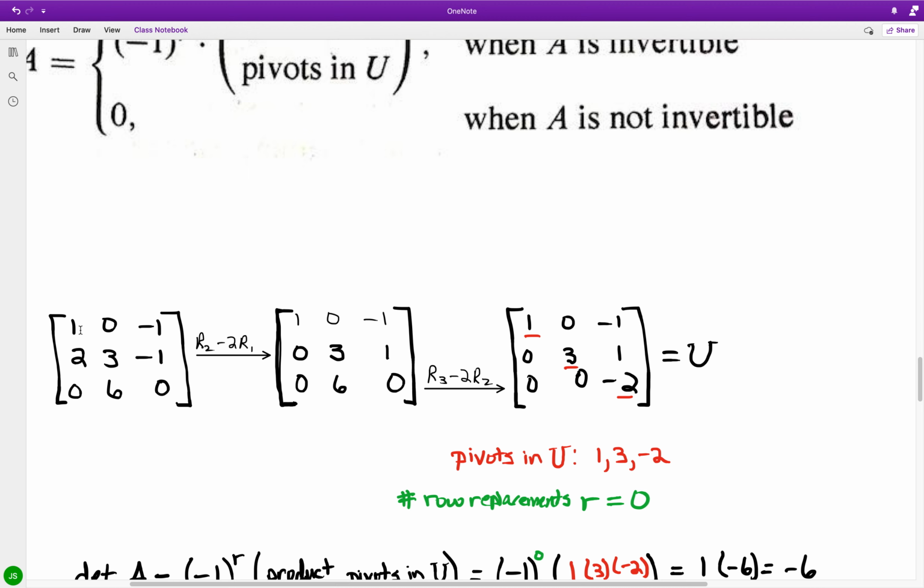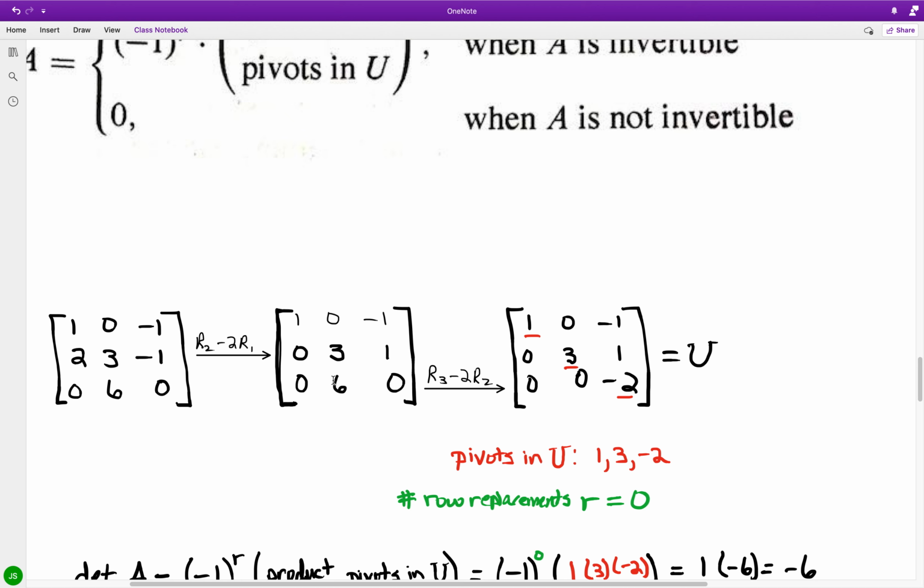So the first pivot value is going to be 1. To make the adjustments, I'm going to take the second row elements and deduct twice the top row elements. So the middle row becomes 0, 3, and 1, and for the echelon form, I have 2 zeros at the middle row and bottom row of the first column.